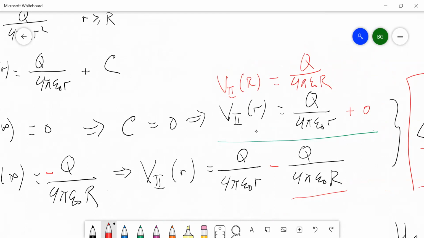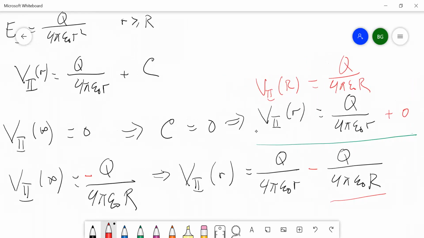If you evaluate this second form of the potential at R equals capital R, you will get the potential on the sphere surface to be 0.